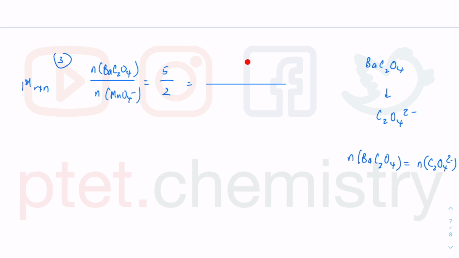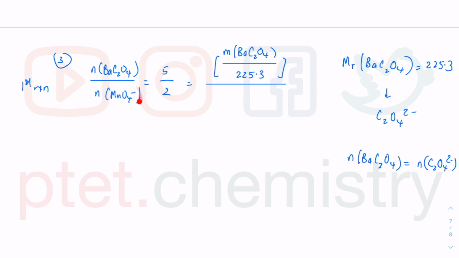I want the mass of barium ethanedioate in the pure sample. So I have the mass of BaC2O4 divided by the Mr. Obviously I need the Mr of BaC2O4, which is given very conveniently in the question, 225.3, so I don't need to waste time doing that. So that's my mole of barium ethanedioate on top.